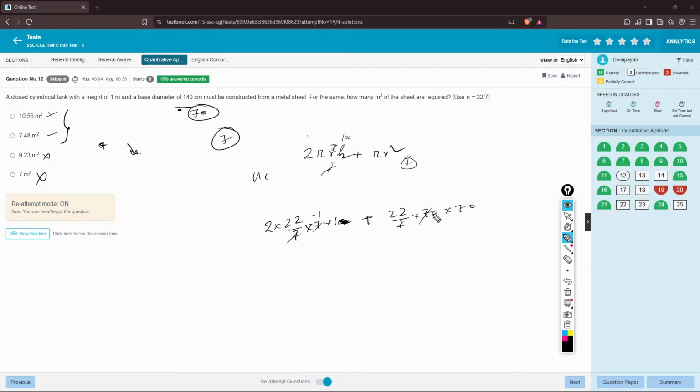And this is 0.7. So 0.1 into 0.7. So 0.0. Okay, 1 plus 4. And here this is not point.